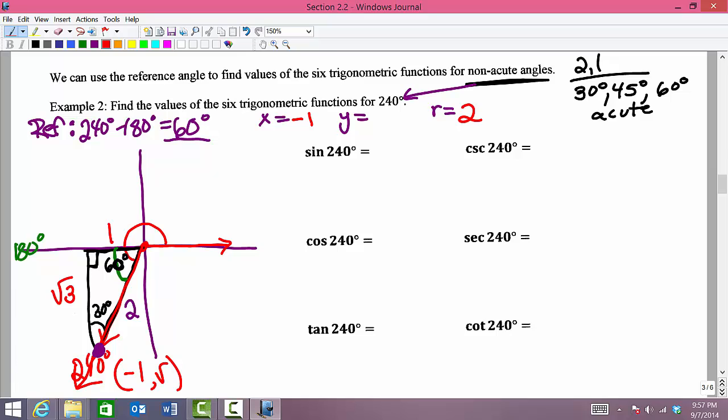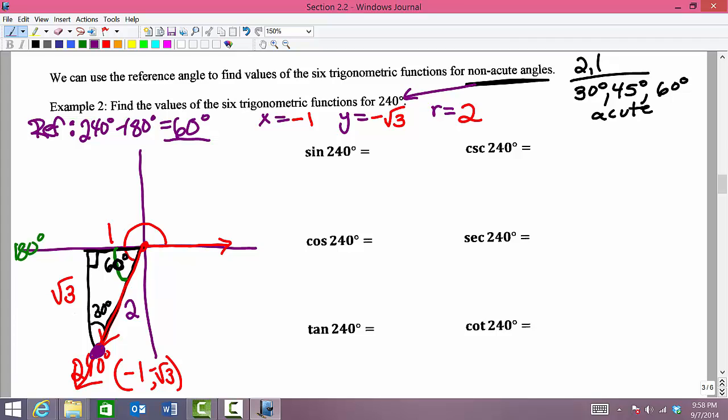So square root of 3, but I'm going down in the y direction, so that would be negative square root of 3. So we can actually use that special triangle lined up with our reference angle to tell us the distances in the x and y direction, and also the distance for r. So we use the point on the terminal side that lines up with our special triangle, and using those distances we can find x, y, and r.